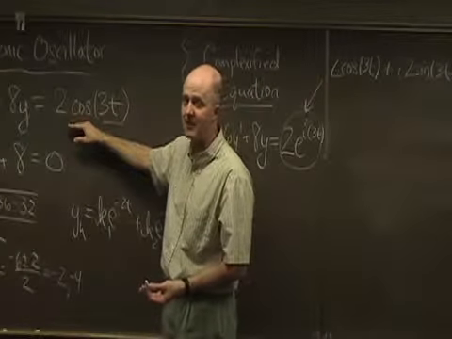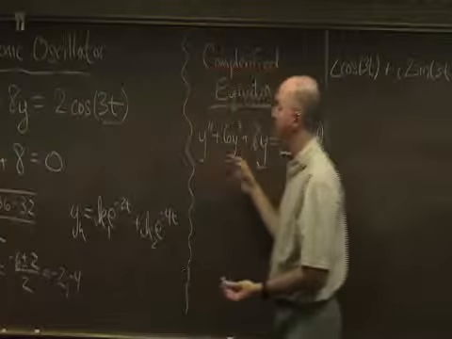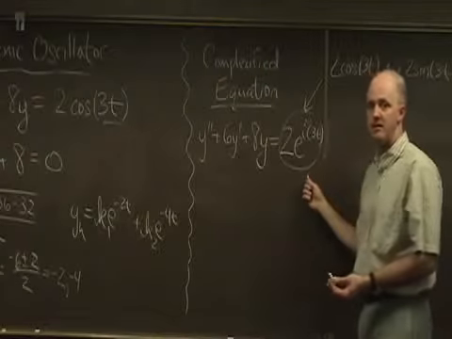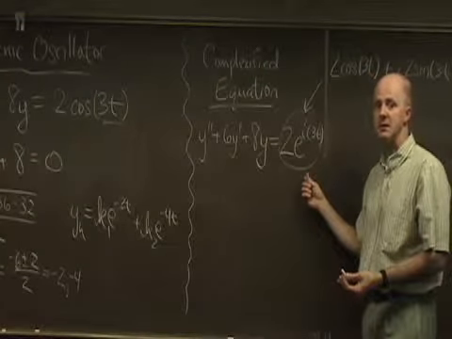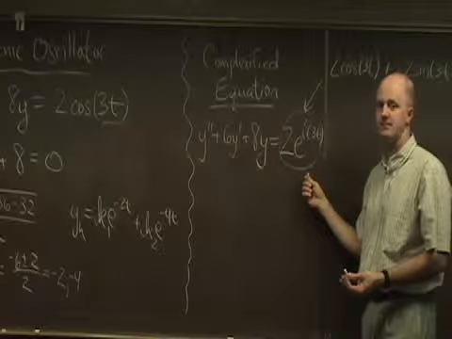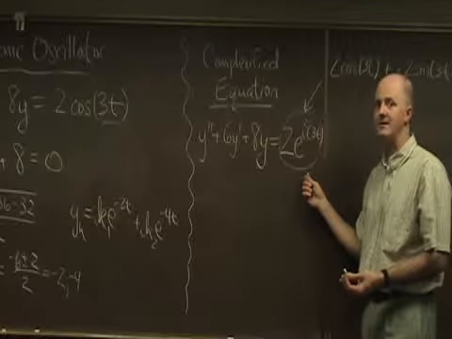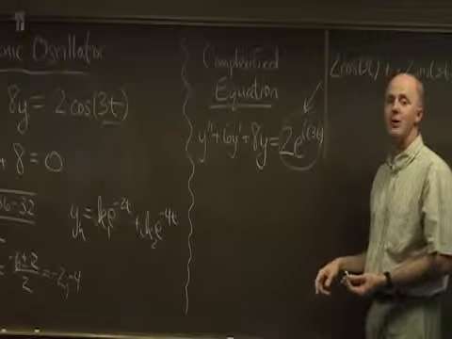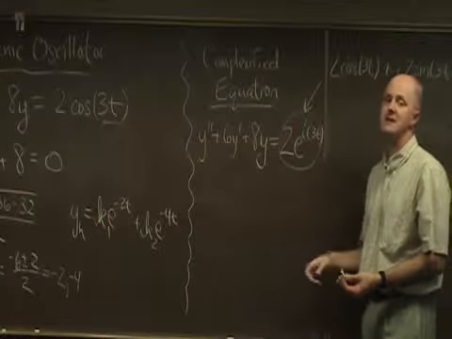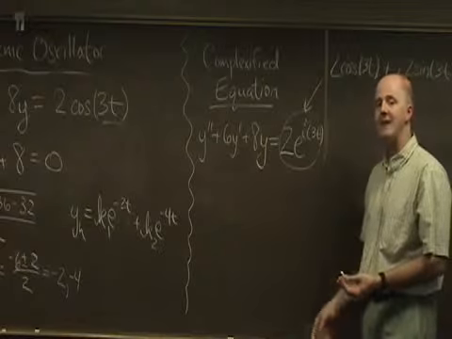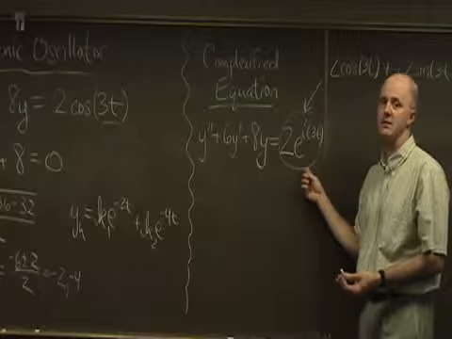If it had been a sine on the right-hand side, we would pick the imaginary part of the solution of this complexified equation. Got that? If the original equation has a cosine on the right-hand side, you pick the real part. If it has a sine, you pick the imaginary part of the solution of the complexified equation.